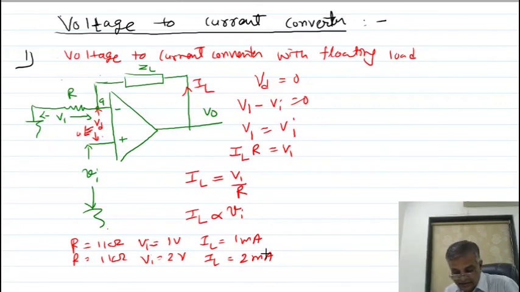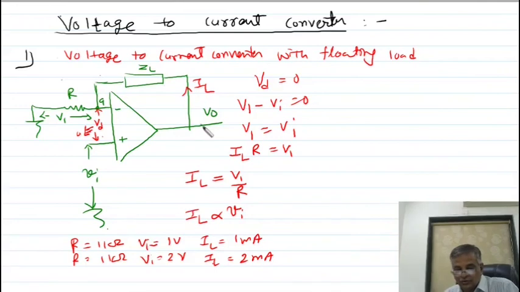In short, IL is proportional to VI. So your load current depends upon the input voltage, or the load current is proportional to the input VI. It does not depend upon ZL, as you can see from this equation.